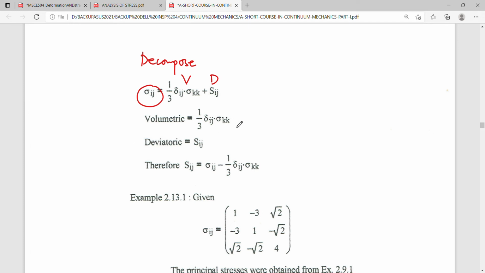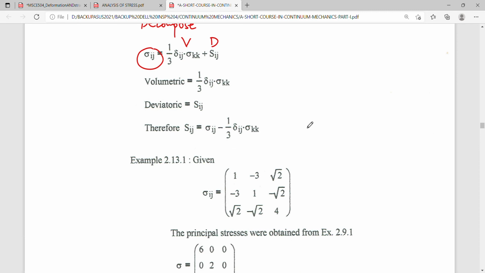You just refer to the book of Frederick Chang, I think, who explained this better than the book of Mase, because Mase's approach is more mathematical, while Frederick Chang is more in the applied aspect of continuum mechanics.